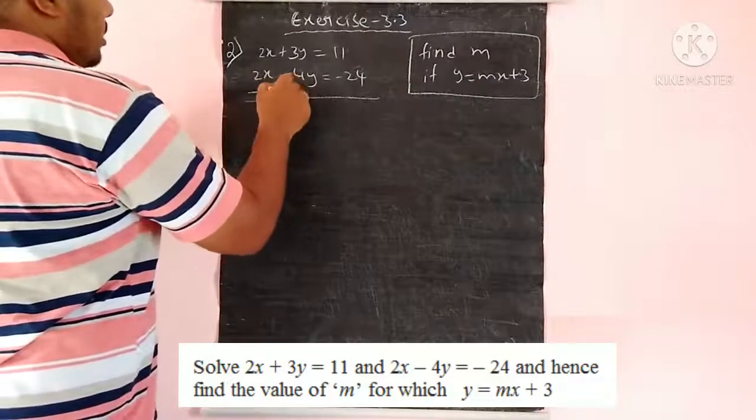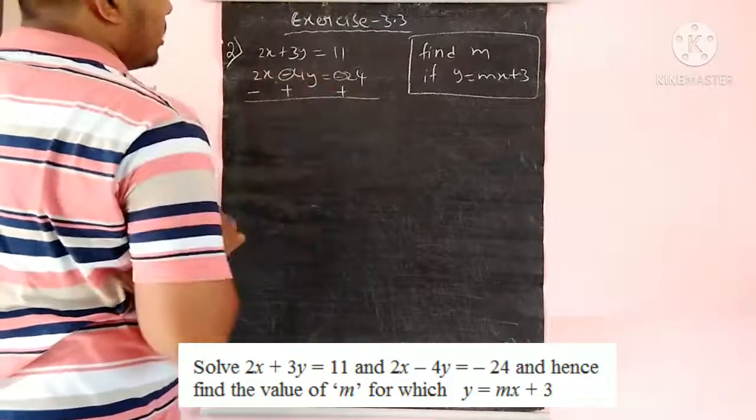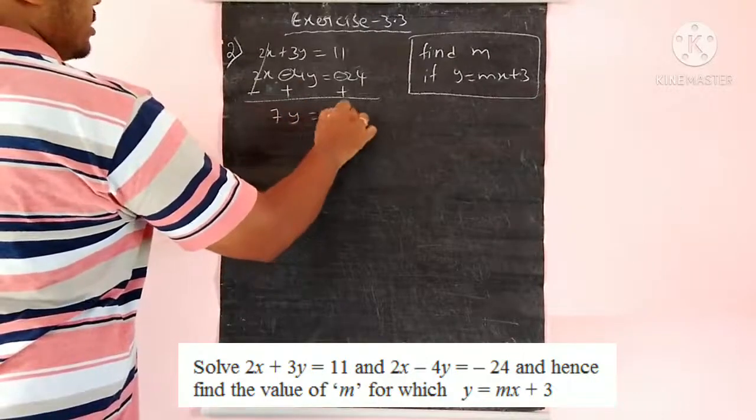So minus, plus, plus. These symbols should not be considered. 2x minus 2x, this is 7y, this is 35.